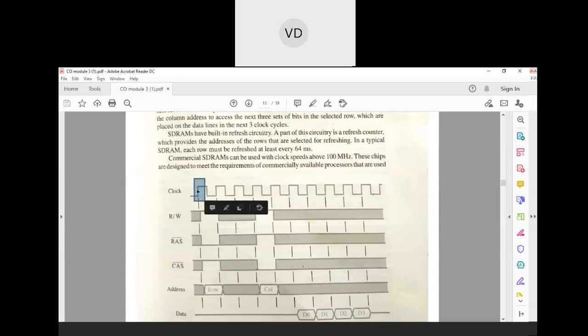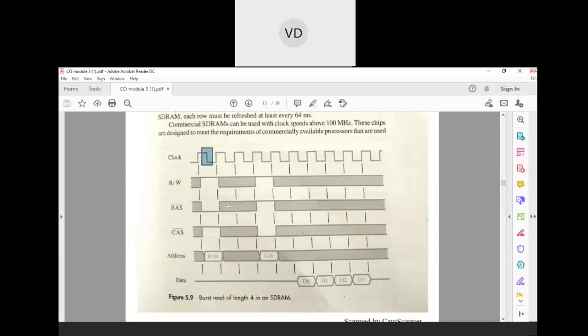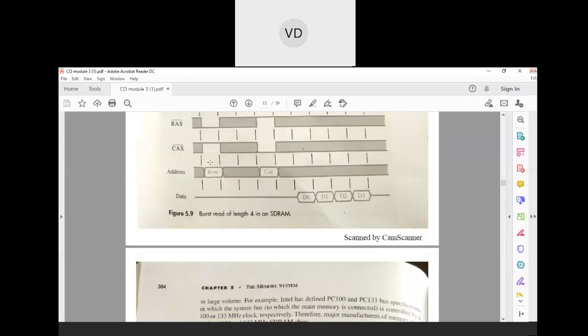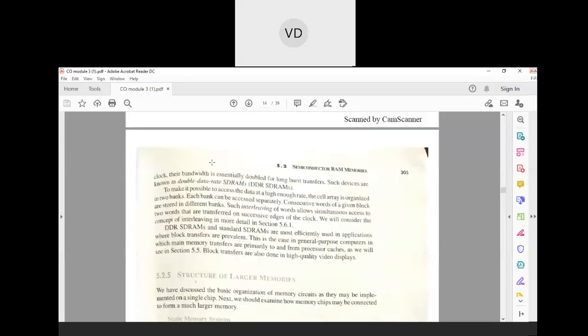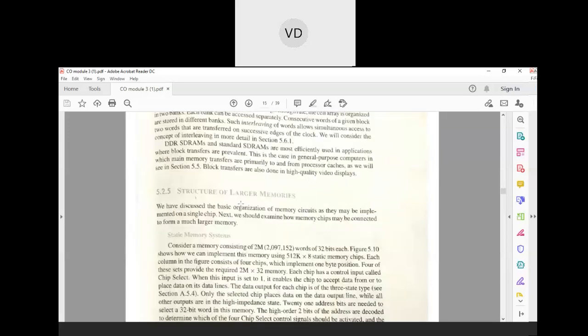From down to up, this is a rising edge. From up to down, this is a falling edge. So transfer takes place at the rising edge and at the falling edge. That is called double data rate transfer of data devices.